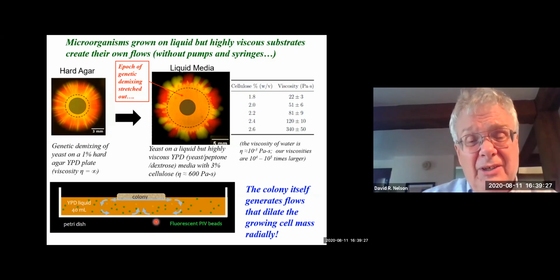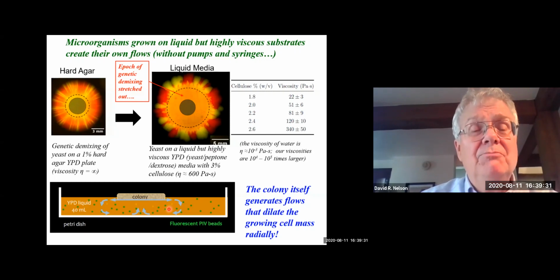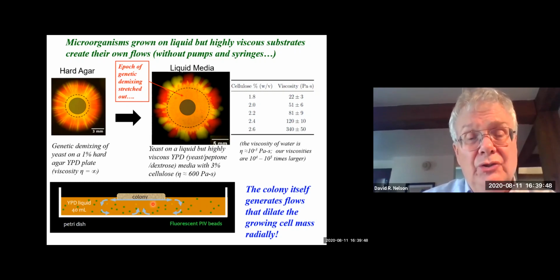What happens is they generate, for reasons that I'll try to explain, a submerged vortex ring underneath the colony. And we detected this vortex ring by putting in fluorescent beads. These are not reproducing beads. These green things let us do particle imaging velocimetry, and I'll show you a map of what's going on in the fluid mechanics underneath this colony. And if the colony's not there, no vortex ring.